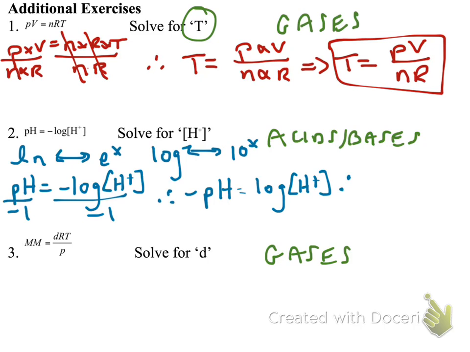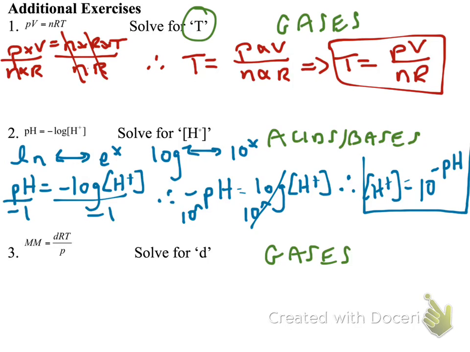So I do 10 raised to both sides. This is going to cancel that out. And so I'm just going to have the H plus, simply enough, is 10 to the negative pH. And there we have what our H plus is.